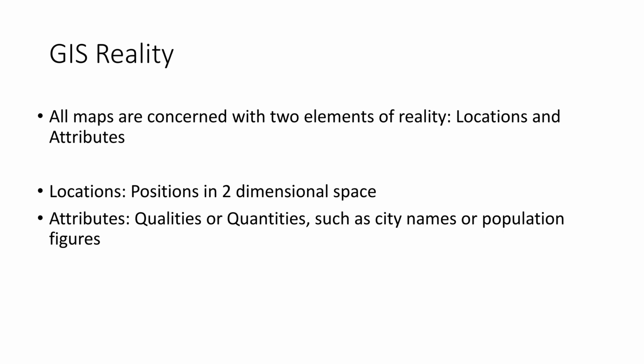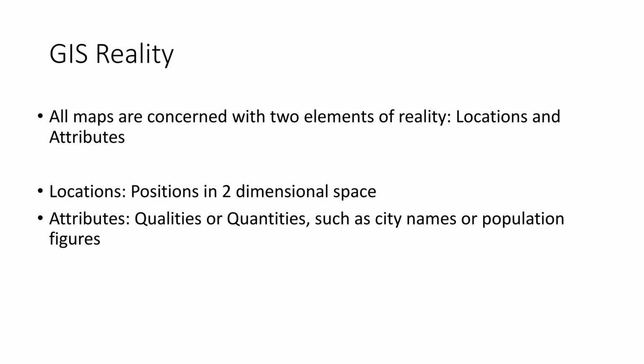Now, this might sound a little bit confusing, but think about it this way. If you didn't have an attribute, then your data would just be a map of random points, right? So the fact that each point is a mailbox and those mailboxes are the attribute gives us what information we're actually collecting and displaying.